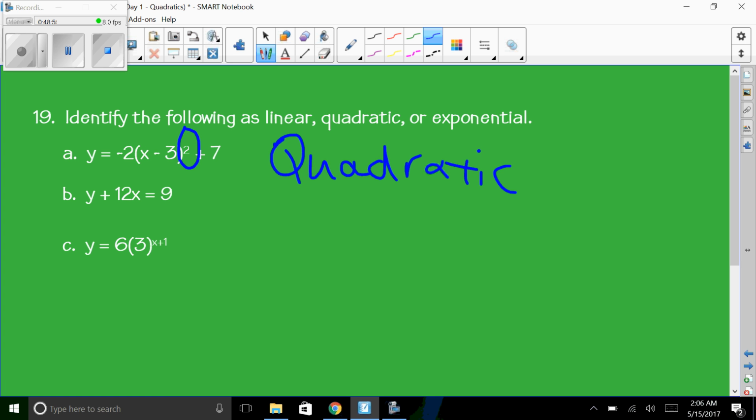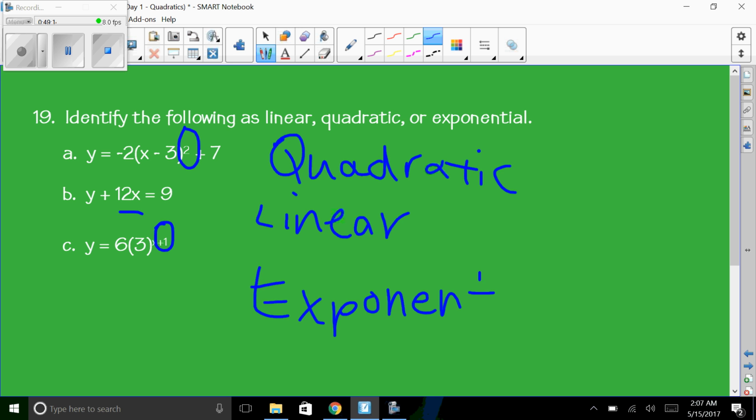Alright, this one just has an x term, so that's linear. And this one has an x in the exponent spot, so that's going to be exponential. So that's how you can tell the difference between the equations.